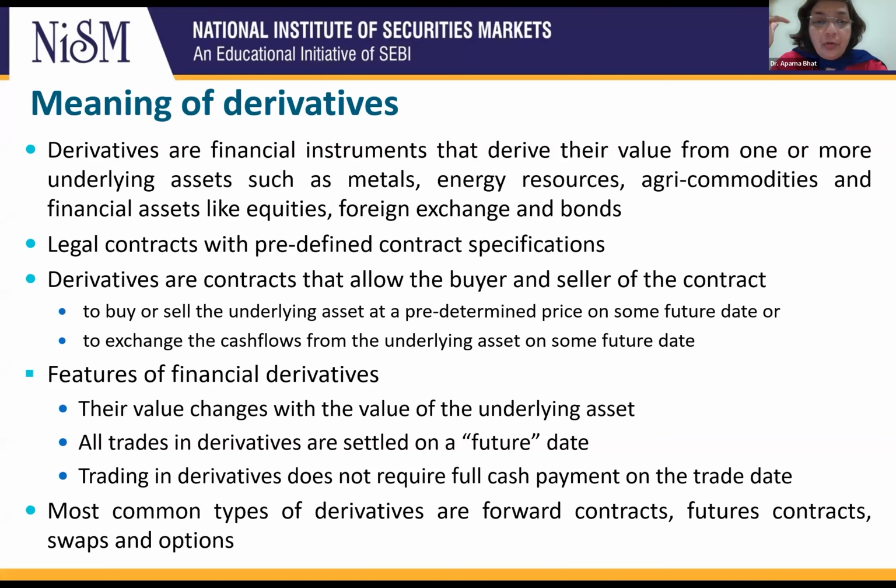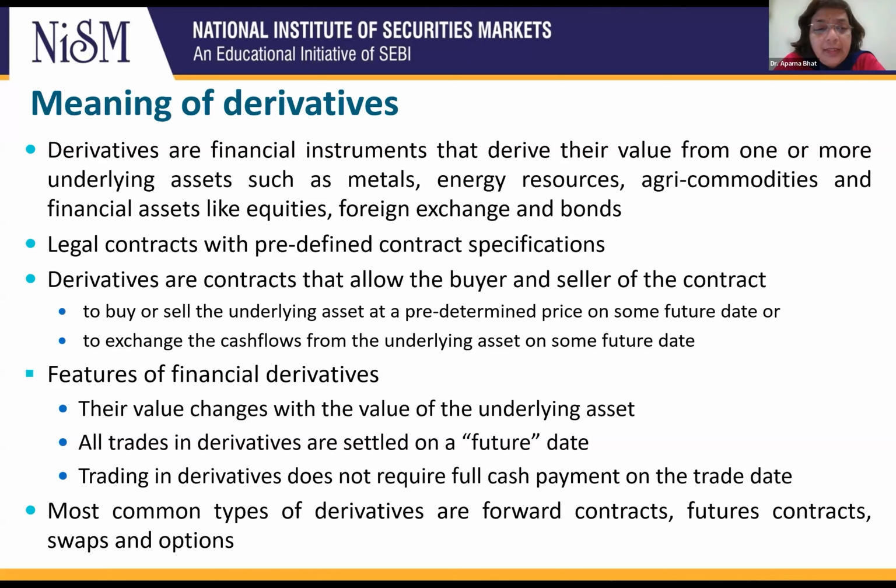Very common examples are the futures contracts and option contracts, which allow the parties to the contract to buy or sell the underlying asset at a predetermined price on some future date. And there is another contract known as the swap. The swap contract allows the parties to exchange the cash flows from the underlying asset on some future date.